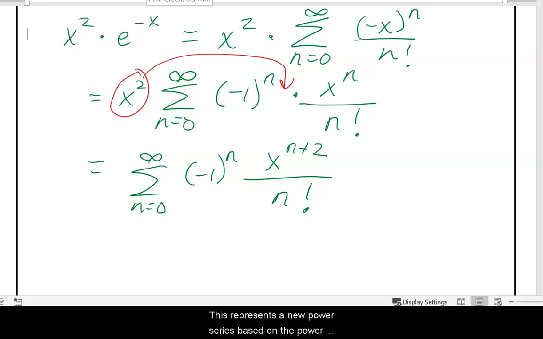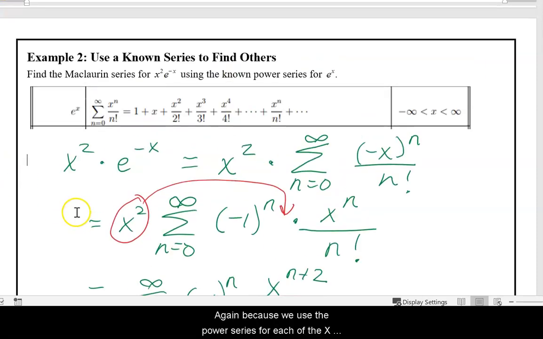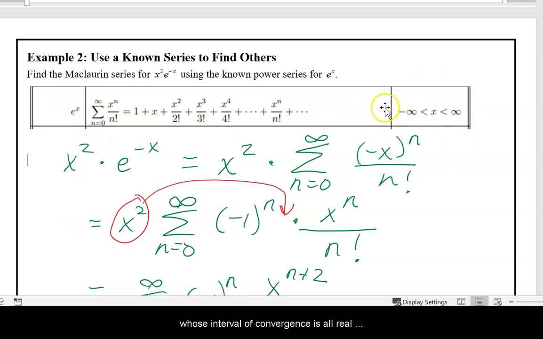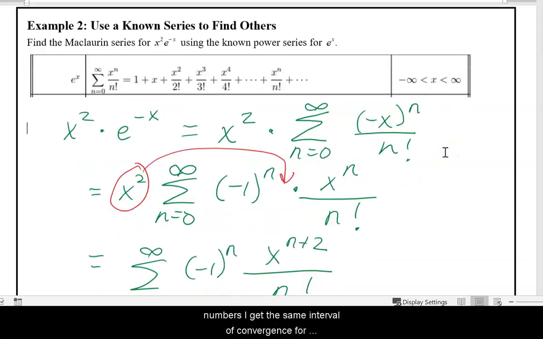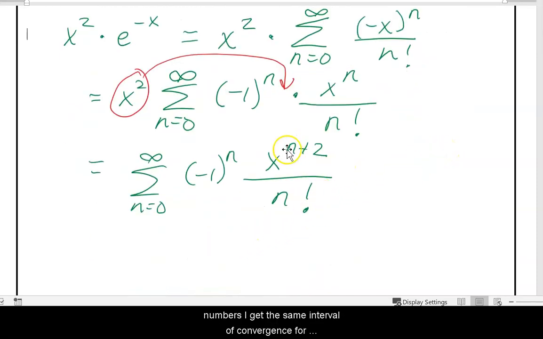This represents a new power series based on the power series for e to the x. Again, because we use the power series for e to the x, whose interval of convergence is all real numbers, I get the same interval of convergence for the new power series, which represents x squared e to the negative x.